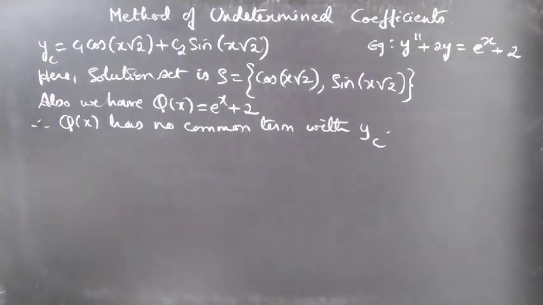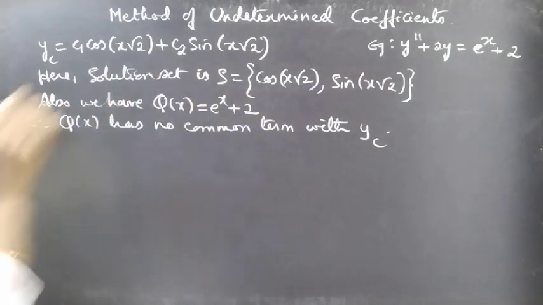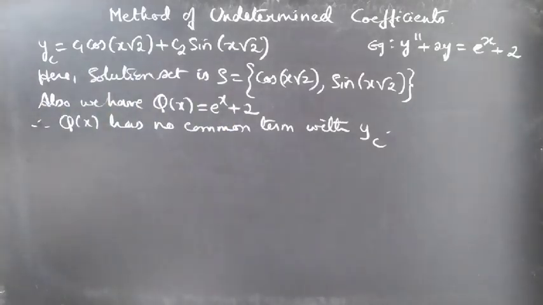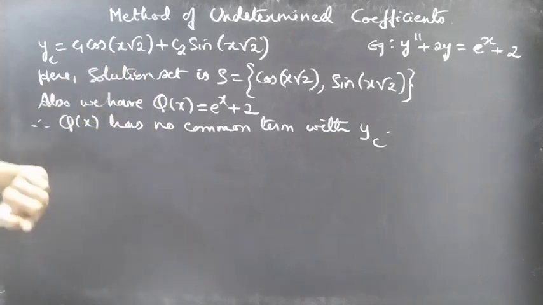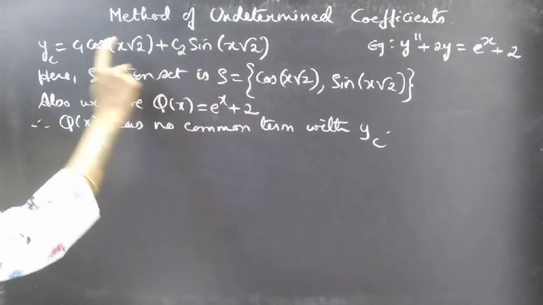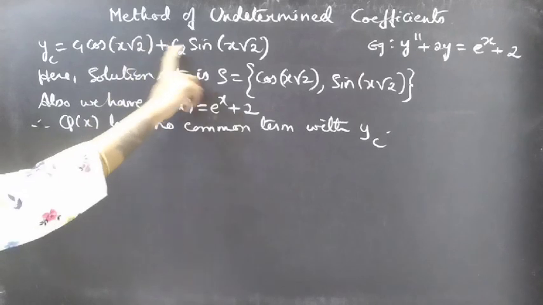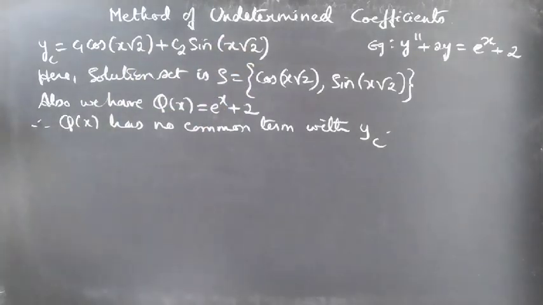Here we are having e power x and 2. Here we are having cos root 2 x, sin root 2 x. There is no such common term, okay?